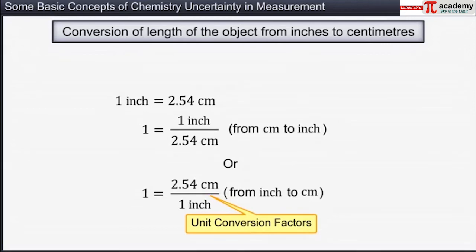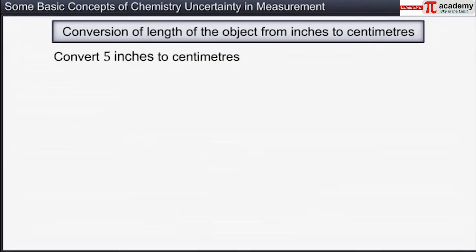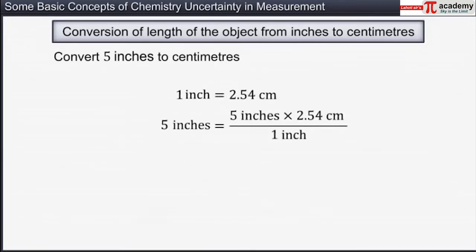For example, if we want to convert 5 inches to centimeters, then multiply the given quantity by a suitable conversion factor, retaining the units of the physical quantity and that of the conversion factor. Cancel out all the units, leaving behind only the required units.